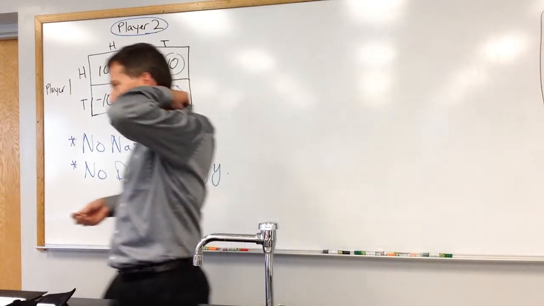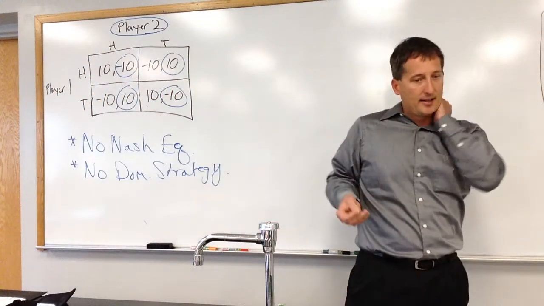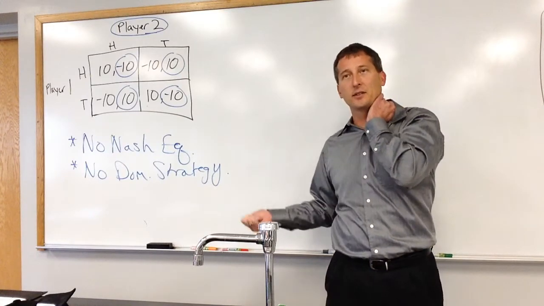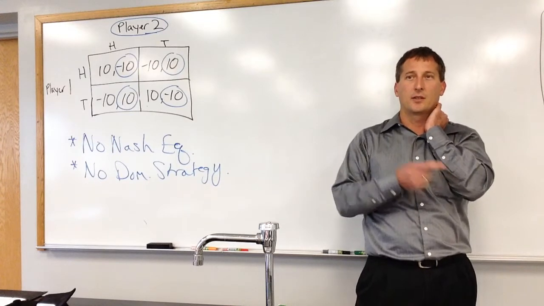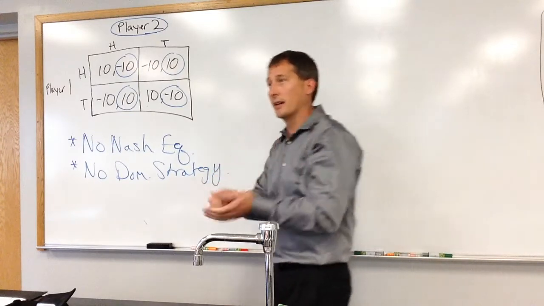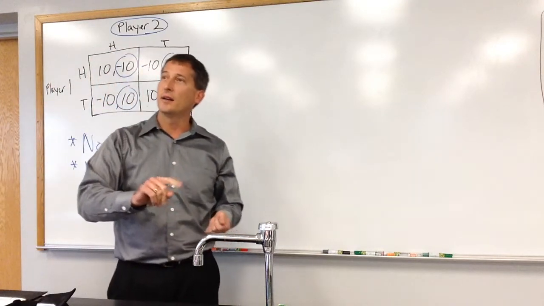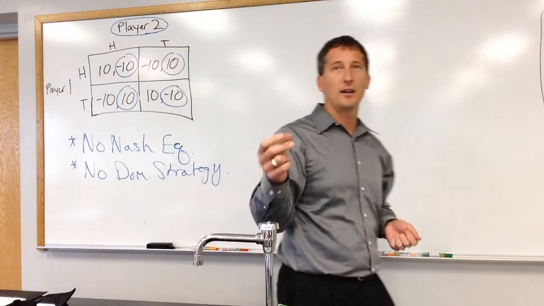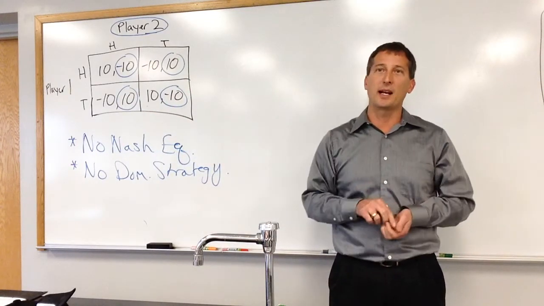So what if we play a random strategy of rolling a die, and if it's a 1, I play tails. If it's 2 through 6, I play heads. So that's a random strategy, right? I'm going to literally take a die, roll it. If it's a 1, I'll play tails. If it's 2 through 6, I'll play heads. Is that a better random strategy to play?